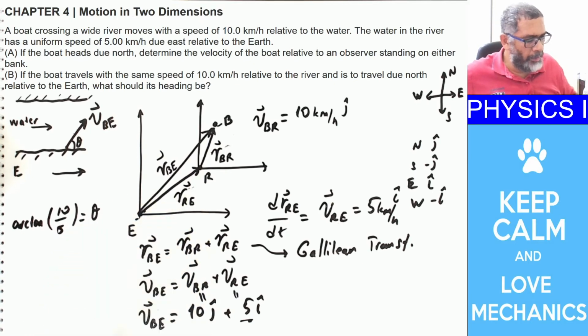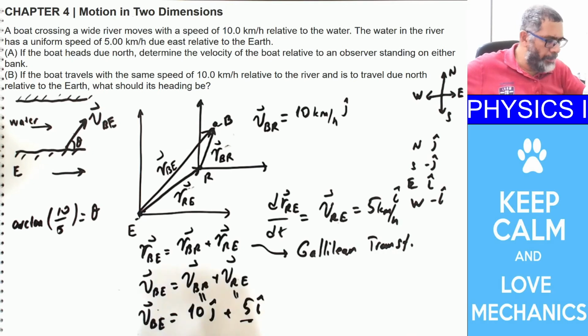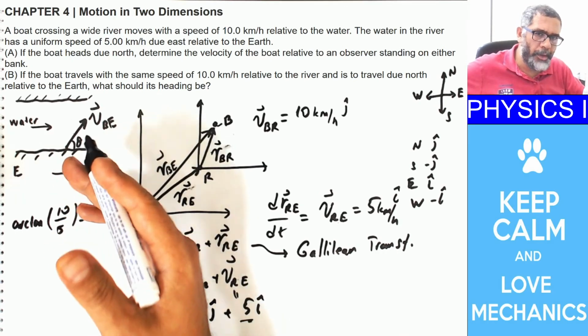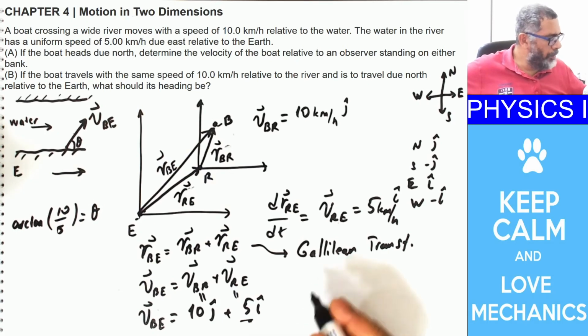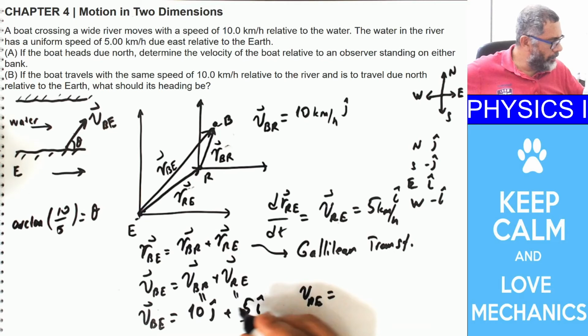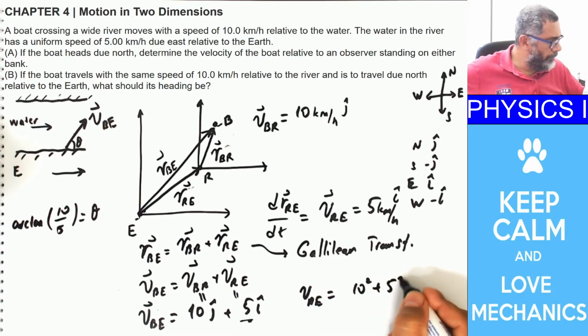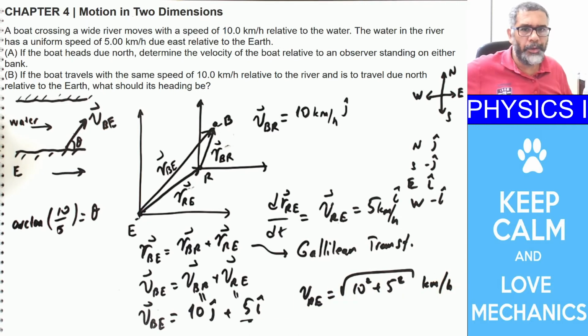And if you're also curious about the speed of the boat relative to the Earth, V_BE is just the square root of 10 squared plus 5 squared, in kilometers per hour, is going to be the speed.